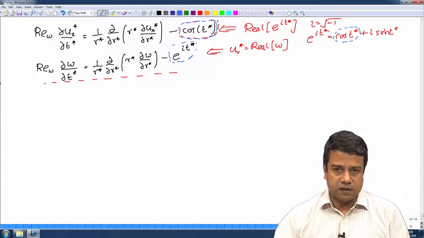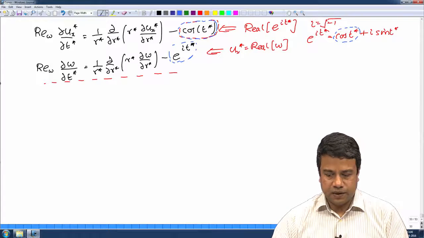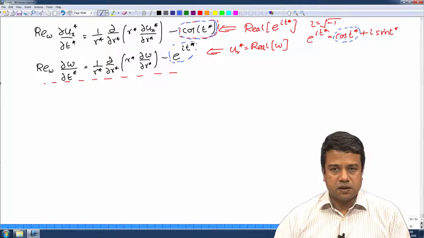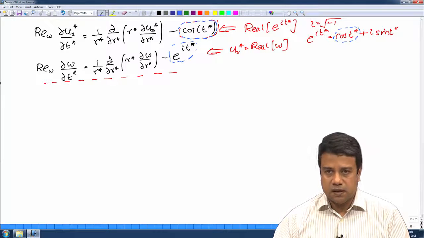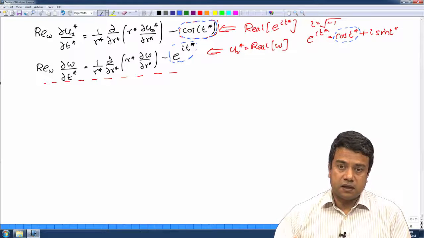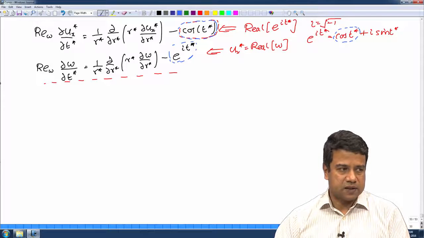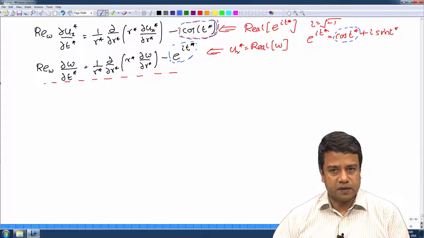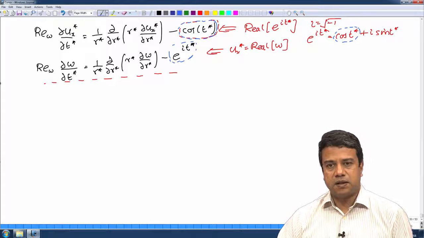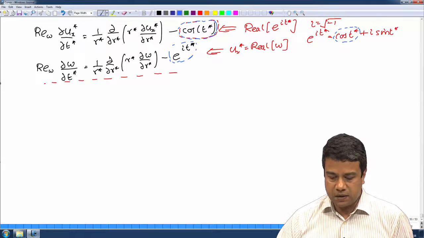I will get a solution for w, which will be some function of r and t. Because the inhomogeneous term is complex, the solution w will also be complex. Once I have found the solution for w, if I take the real part of that complex function, I will get the solution for u x. So, that is the idea. The real part of the solution for w will turn out to be the solution for u x, and this is always guaranteed if you have a linear equation.